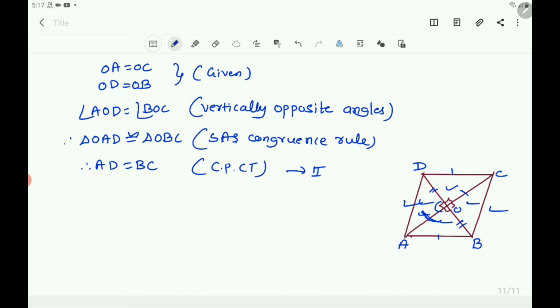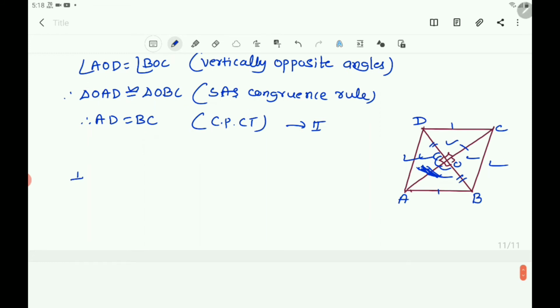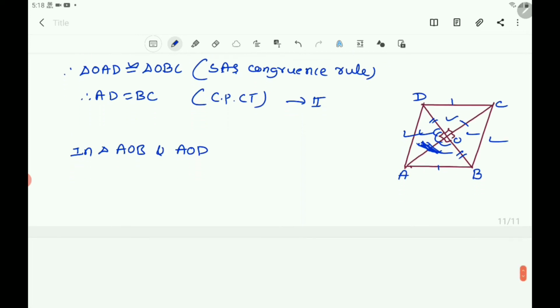Here you know that DO is equal to OB, and also the angles are 90-degree angles. It is given, and there is a common side. As these two are equal, you can show all four sides are equal. In triangle AOB and triangle AOD, first there is a common side.